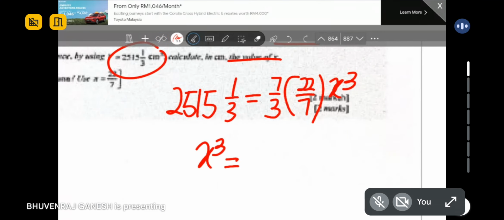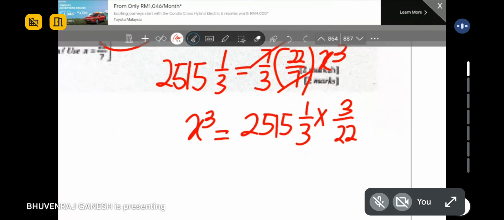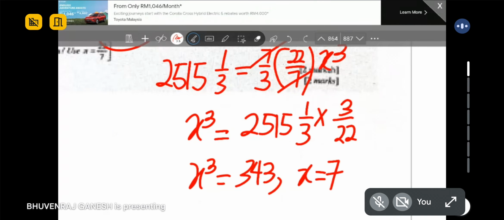So x power 3 equal to 2515 1 over 3 times 3 over 22. Okay, 7 dengan 7 boleh potong. Correct? So x cube equal to how much guys? If you press calculator, you should get 2515 times 3 plus 1 over 3 times 3 over 22. Your answer is 343. So x is equal to 7. Am I right? Done. Itu saja.